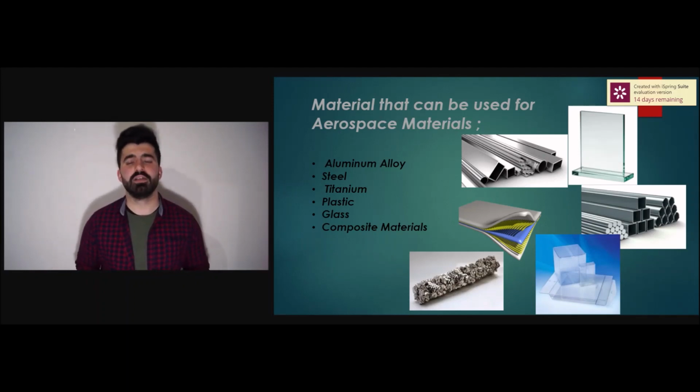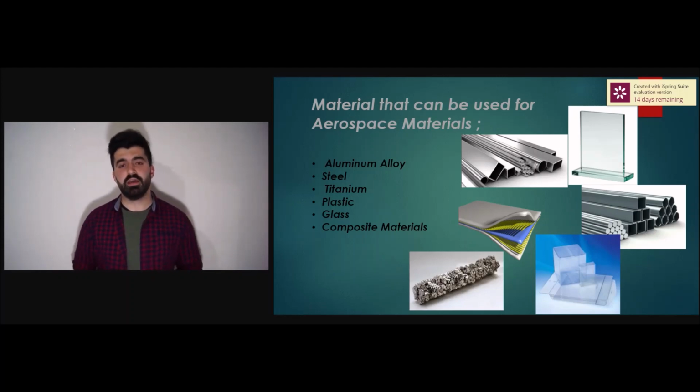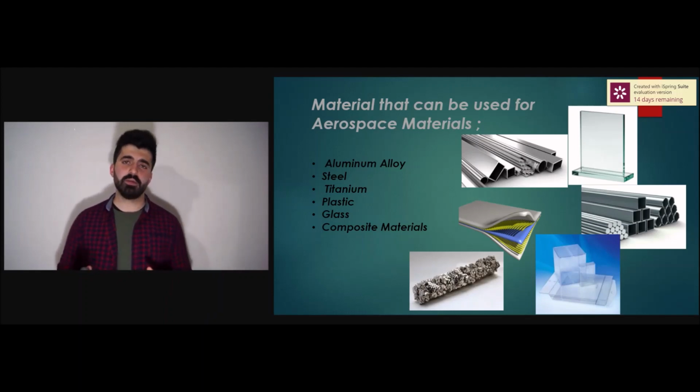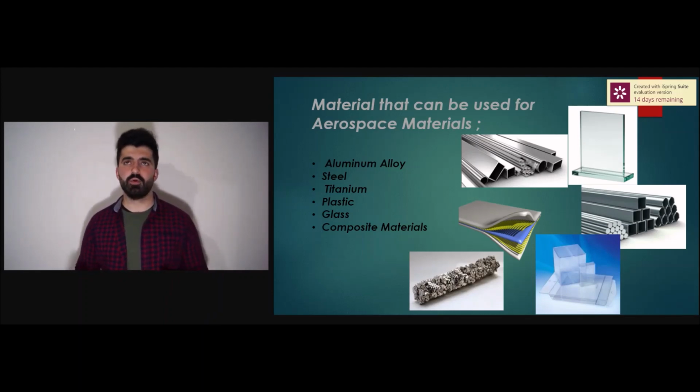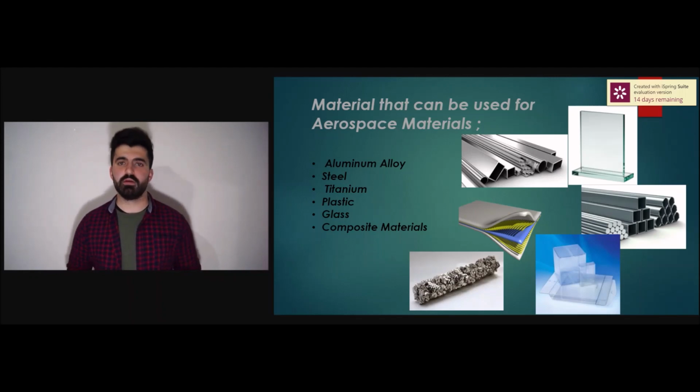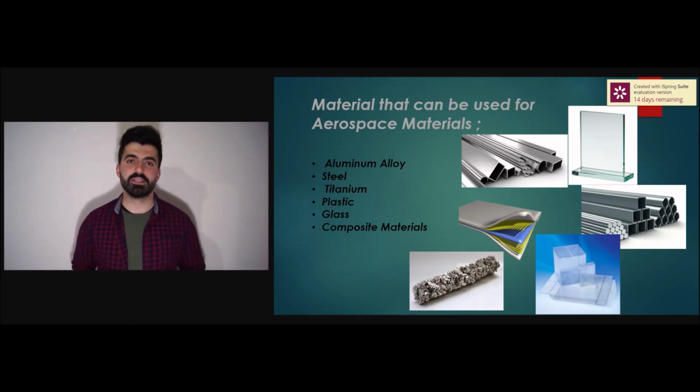This is what I found for materials that can be used in aerospace, so maybe in the future we will have more materials. But right now I have chosen these five because these are the most important, the most used inside aircraft in general.